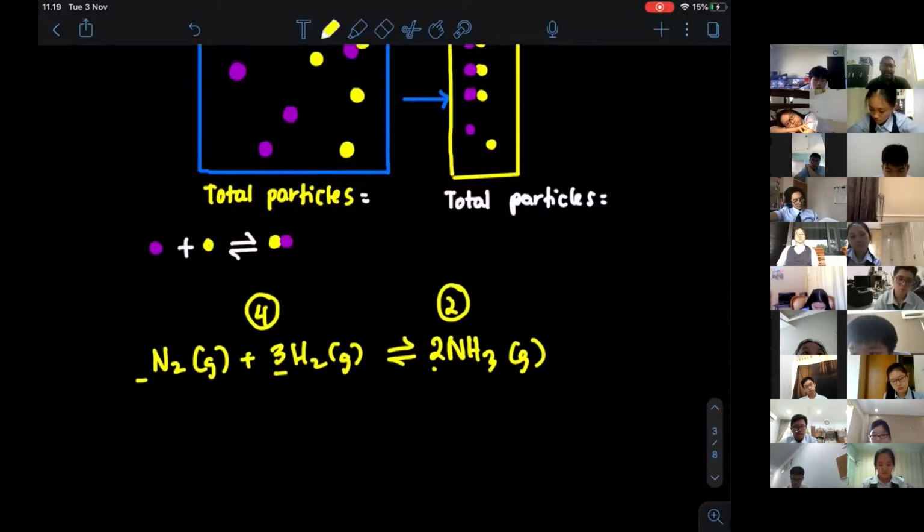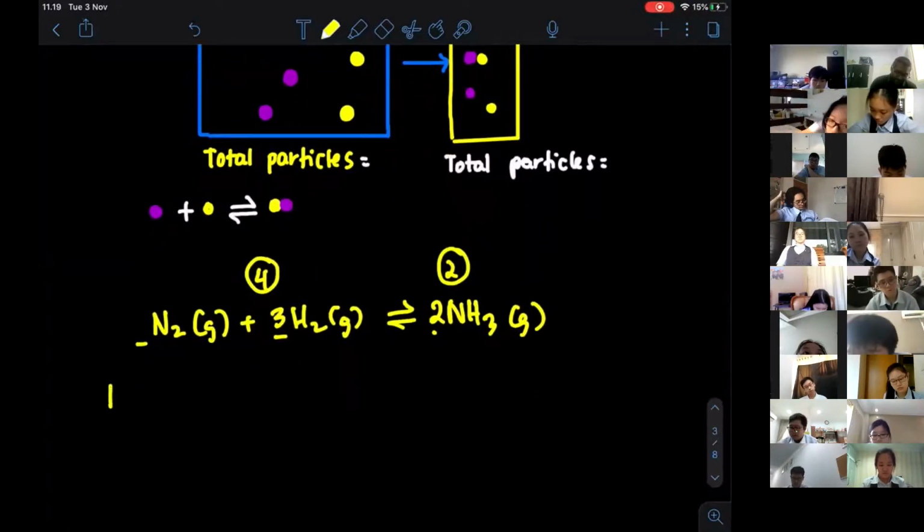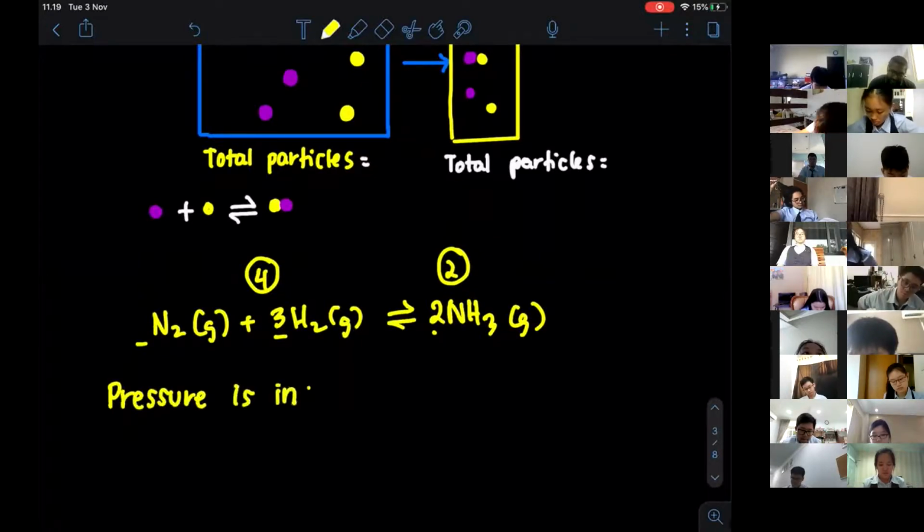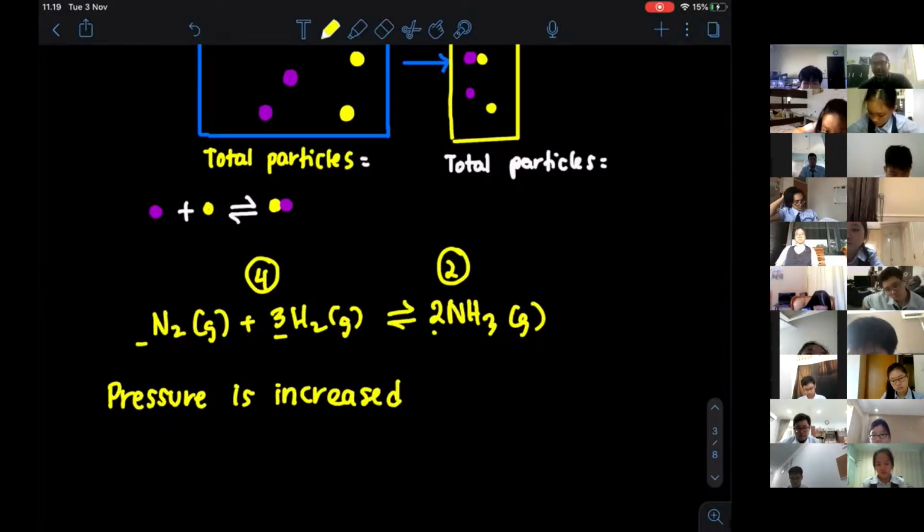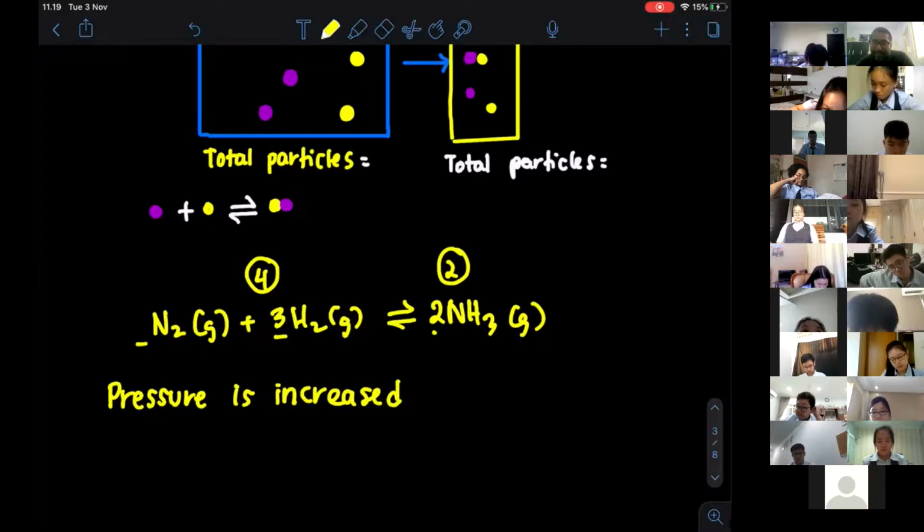Now, when pressure is increased, what will happen here? Let me use the theory. When the pressure is increased, according to Le Chatelier's principle, I need to decrease the pressure. How do I decrease pressure? By having less number of particles. If you have more particles, they will hit the wall of the container more, and then you will have more pressure.